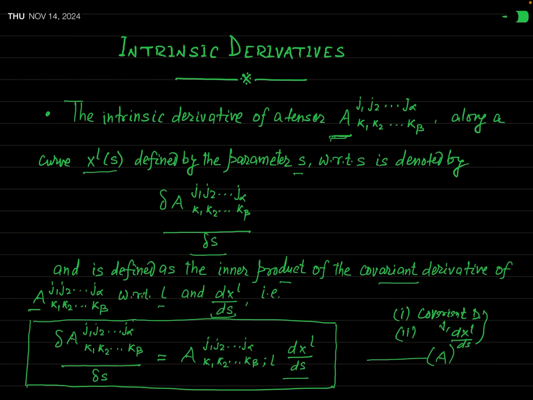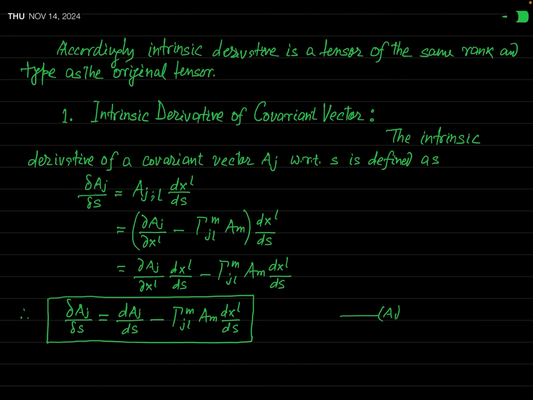So one by one, let us see. First of all, we will define the intrinsic derivative of a covariant vector. You have seen the definition, so apply the definition for this covariant vector. You will get the intrinsic derivative of the covariant vector.